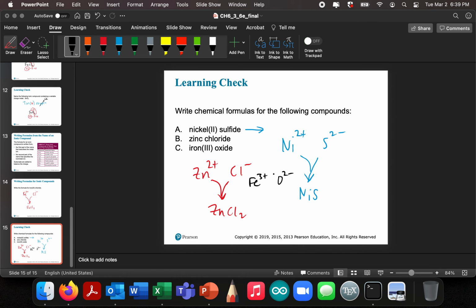So it looks like the lowest common multiple of 3 and 2 is 6. So it's going to take 2 of these and 3 of these to make the charges match up. So iron 3 oxide is Fe2O3. All right, hope that's helpful. We'll get some more practice in our homework.